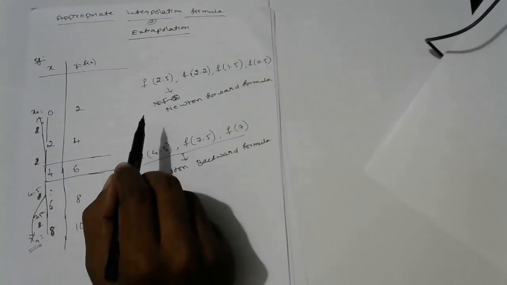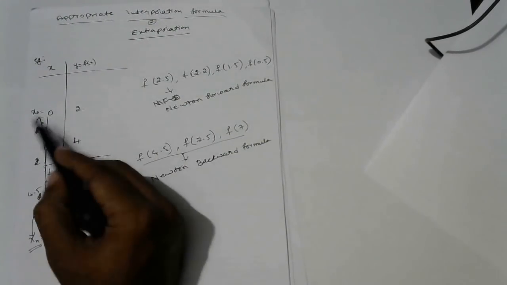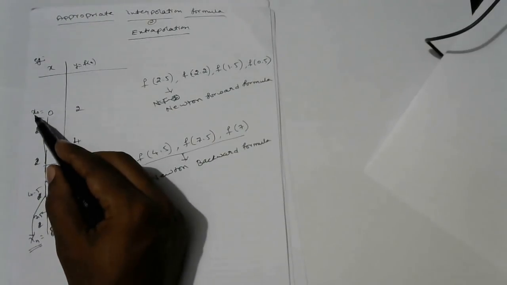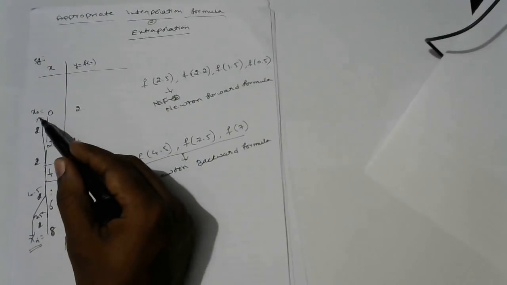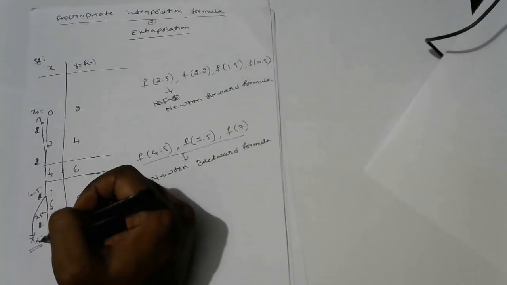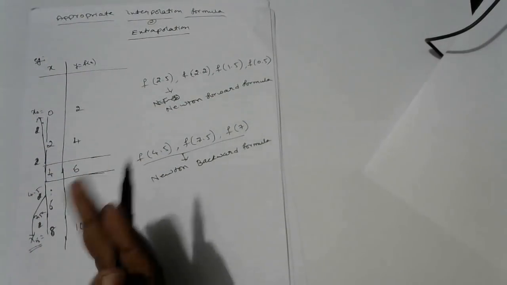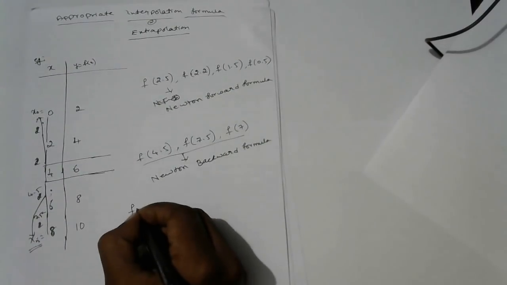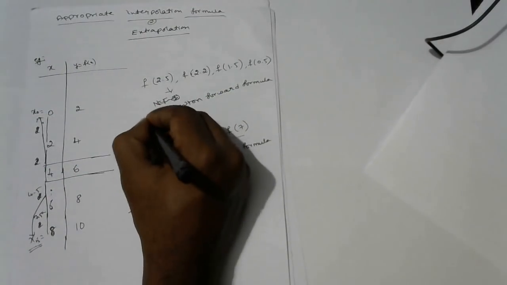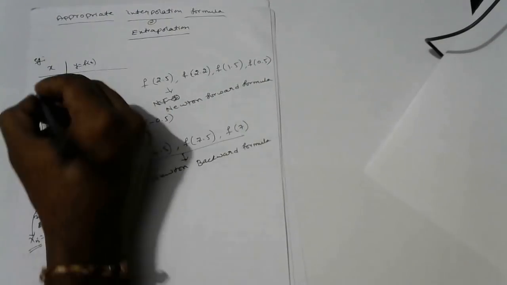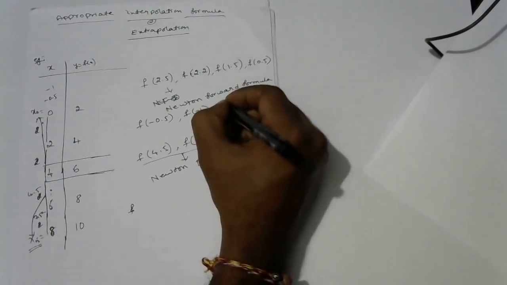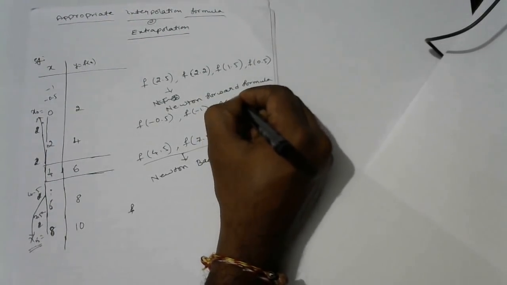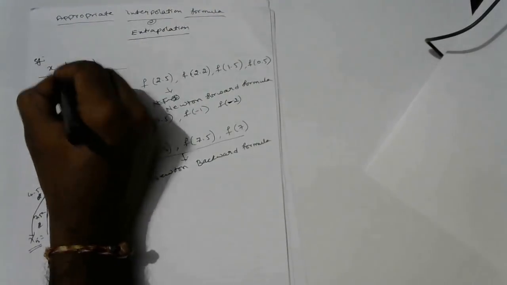Here these values are interpolation because x ranges from x0 to xn, in between x0 and xn. Suppose they give extrapolation points, like f of minus 0.5, f of minus 1, f of minus 2, which you get here.